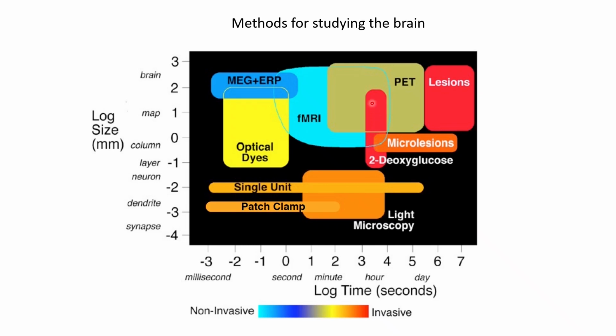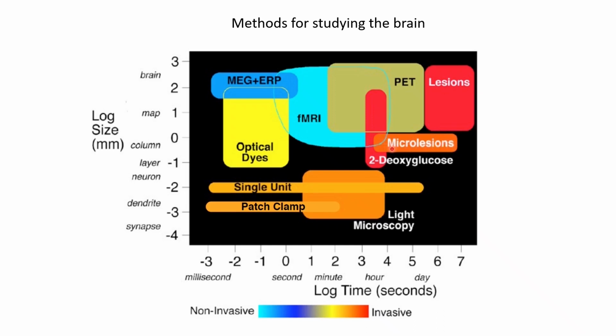Another technique here is micro lesions. This is also an invasive technique. This is similar to lesions. So these micro lesions can occur naturally. There are also some approaches now by which some small lesions can be created temporarily in the brain. For example, with this approach called transcranial magnetic stimulation.